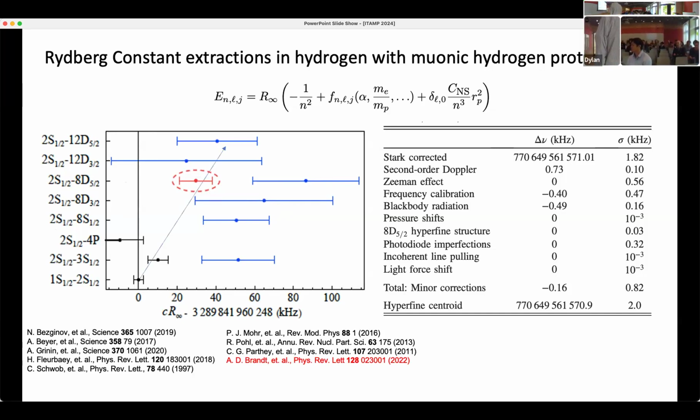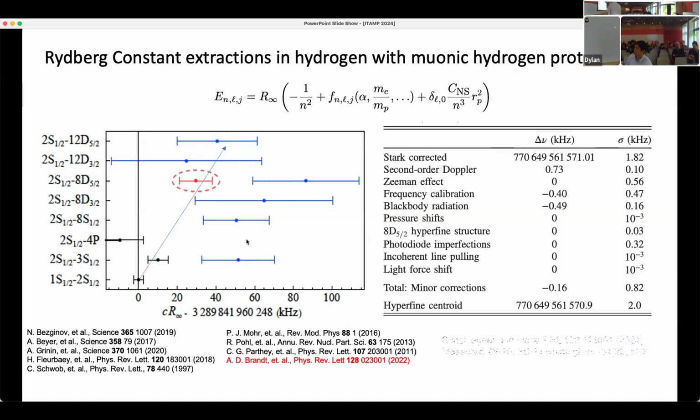Now, one thing that's interesting is that, if you look at Rydberg constant extractions, you do see that there seems to be a trend. As we go up to higher n, we see a variation in the Rydberg constant that we extract. So you might be tempted to say, could this be some indication of new physics? And the answer is probably not, because first of all, the discrepancy of the same transition measured in different places seems to speak against that.